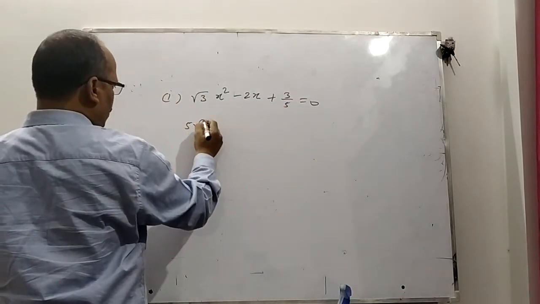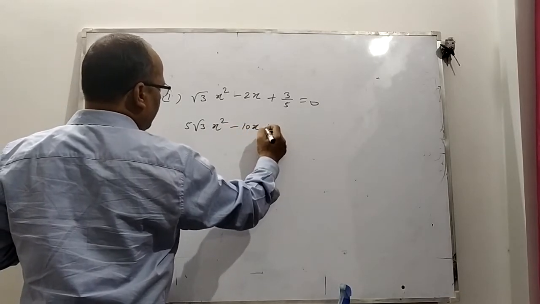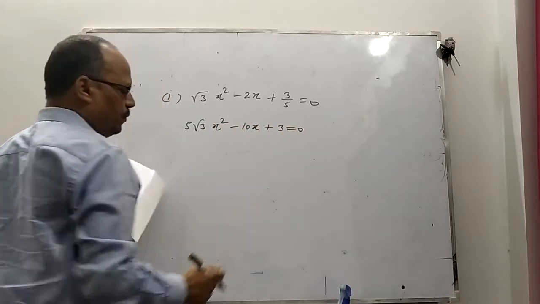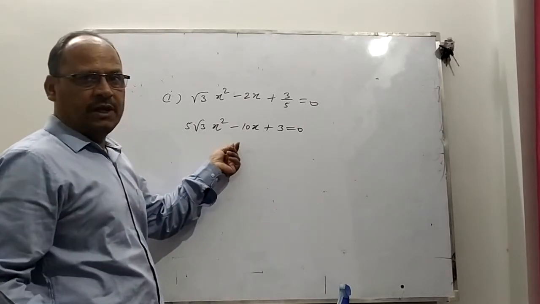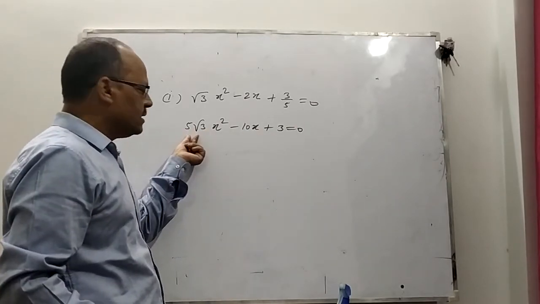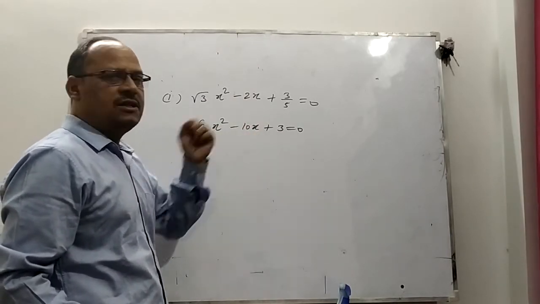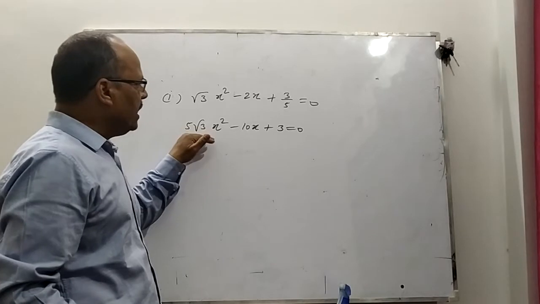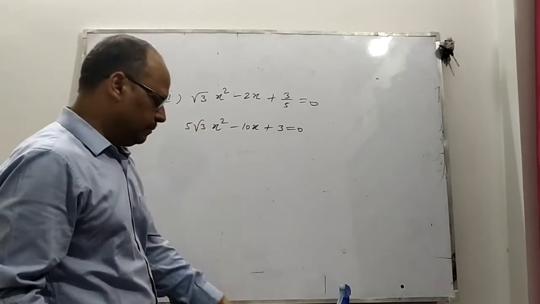So 5 root 3 x square minus 10x plus 3 equal to 0. Now you have written it in the form of ax square plus bx plus c. What is the value of a? This is a. This is b, b means minus 10. c is 3. The degree of this equation is 2. So this is the quadratic equation.